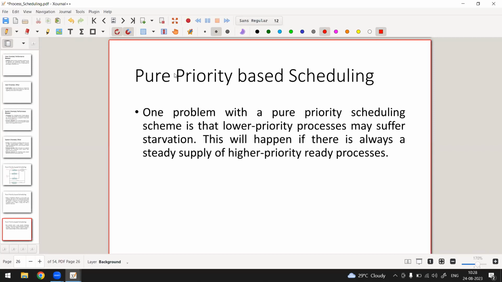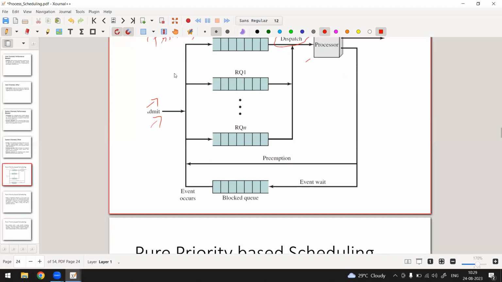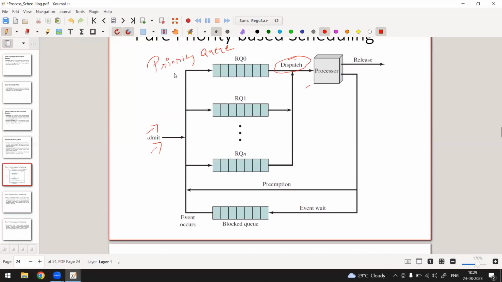It will happen when there is always a higher priority process available. At that time the lower priority process will always suffer starvation. What is the meaning of this? It means that, see here, there are so many processes in RQ0.